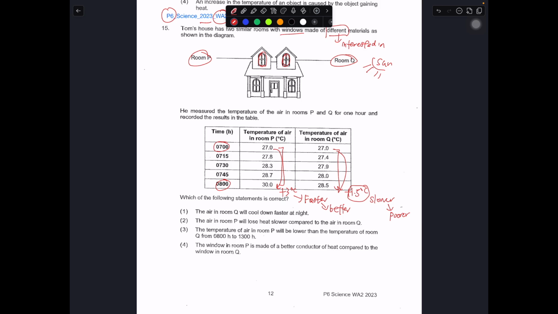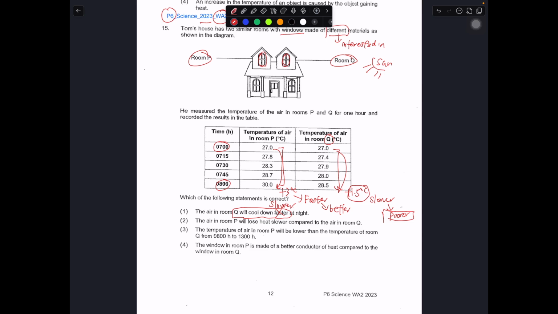Let's go through one by one. The air in room Q will cool down faster at night. Room Q cool down faster, wrong, because the air inside, let's say it's of a higher temperature or the same temperature as P, it's actually going to cool down slower at night. Why? This is because the material that is used to make the window is a poorer conductor of heat.